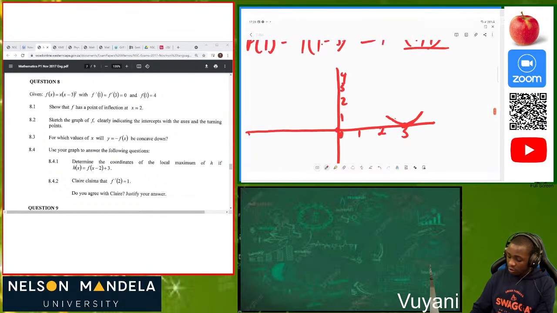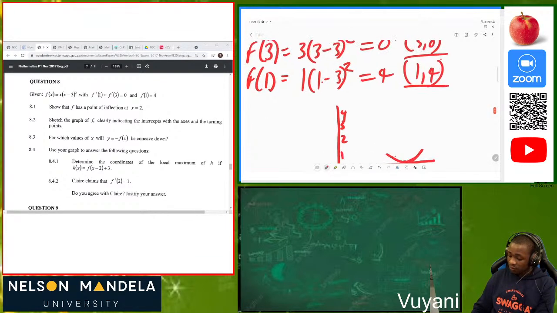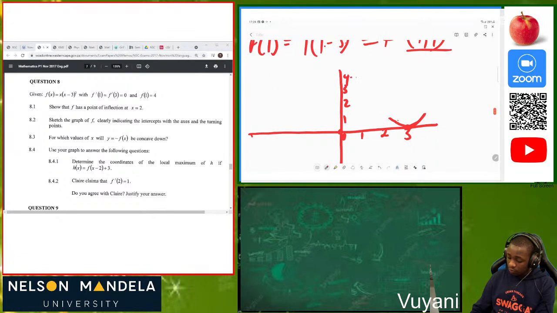We also have another turning point, which is (1, 4), which is here. So this is also a turning point. So you can now plot our function.